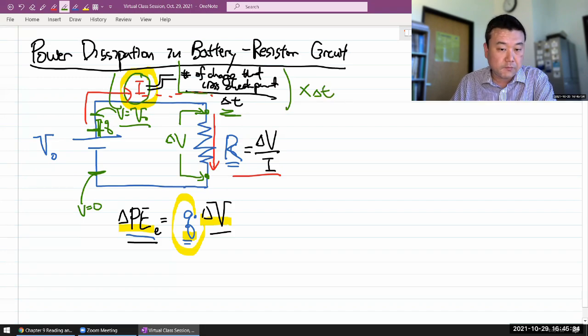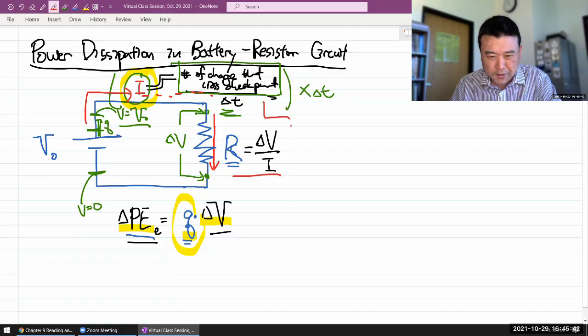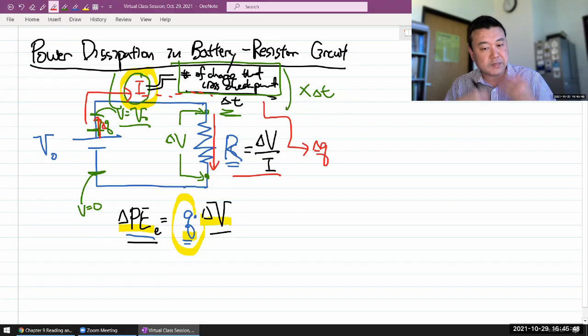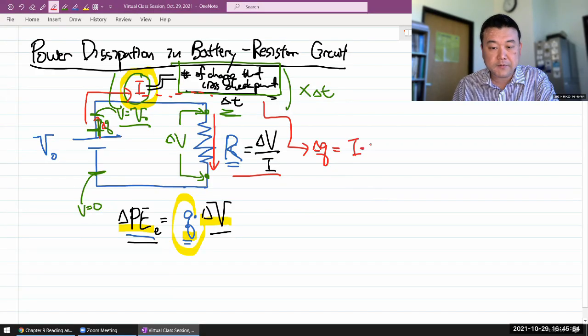Then I would end up with the number of charges that crossed that checkpoint. Or I can put it this way. I'm going to abuse the notation a little bit. I'll say delta Q, meaning the amount of charges that cross that point in some time delta t. That's going to be equal to the current times the amount of time delta t.